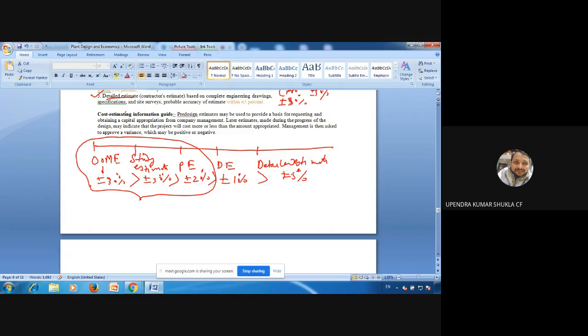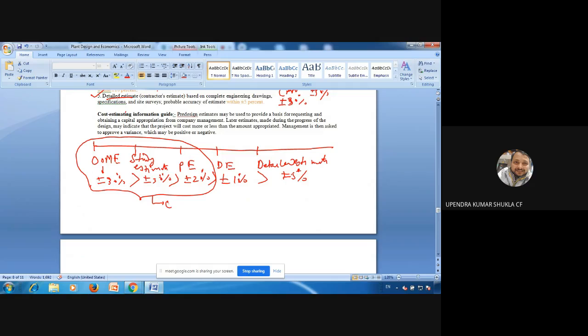Now these three pre-design estimates we are doing, once you do the pre-design cost estimate, this basically becomes the basis for requesting and obtaining a capital appropriation from the company management.